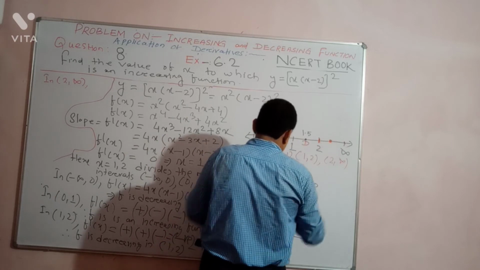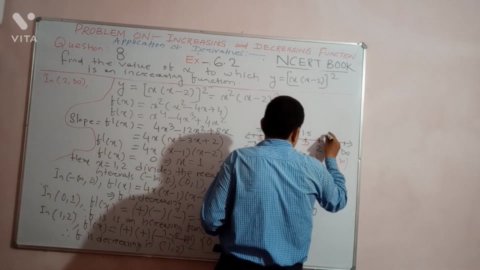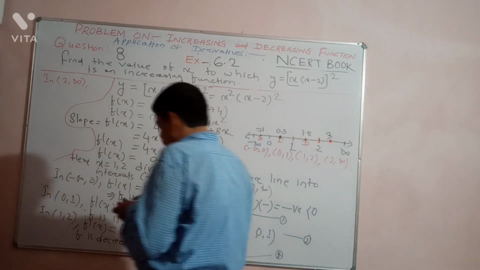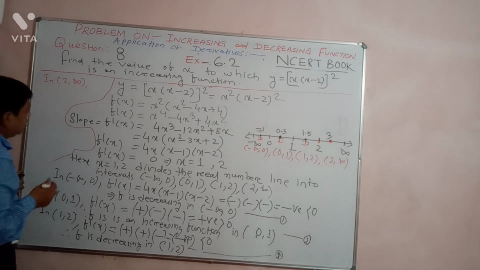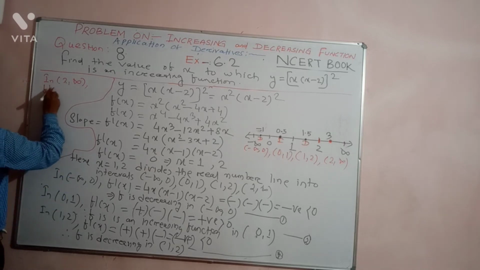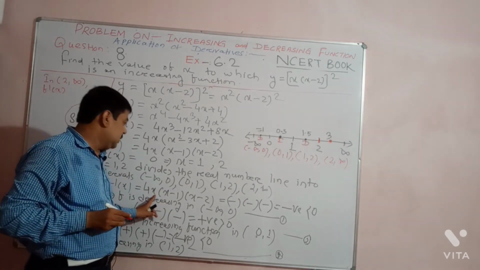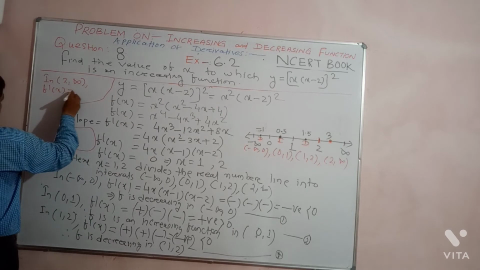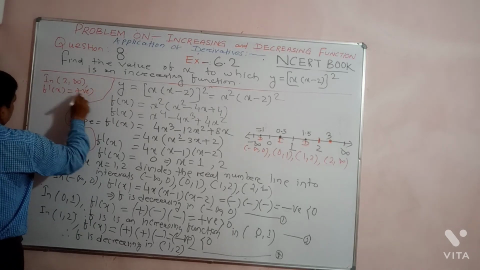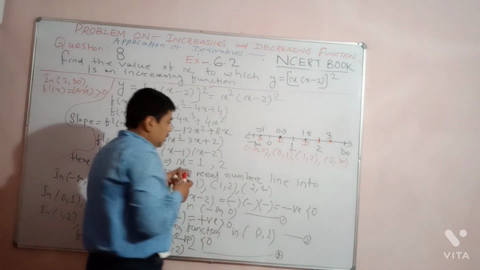If x is equal to 3, then f dash x, you see, this will be positive. This is also positive, this is also positive. So the overall value will be positive and greater than 0.